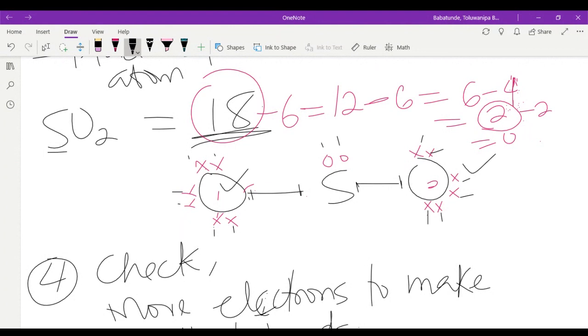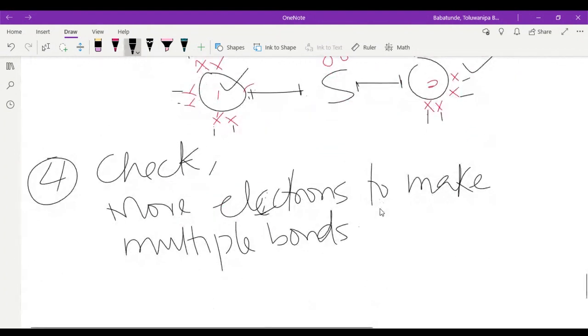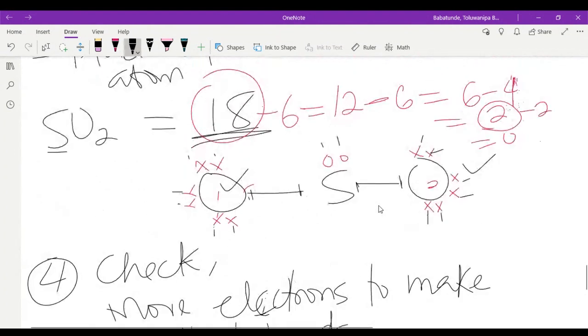So in that case, we move electrons to make multiple bonds. We can move electrons from any of the oxygens surrounding the sulfur, right? Because this molecule can form resonance, right? So if I decide to move from my oxygen number 1, I'm going to move these electrons here.